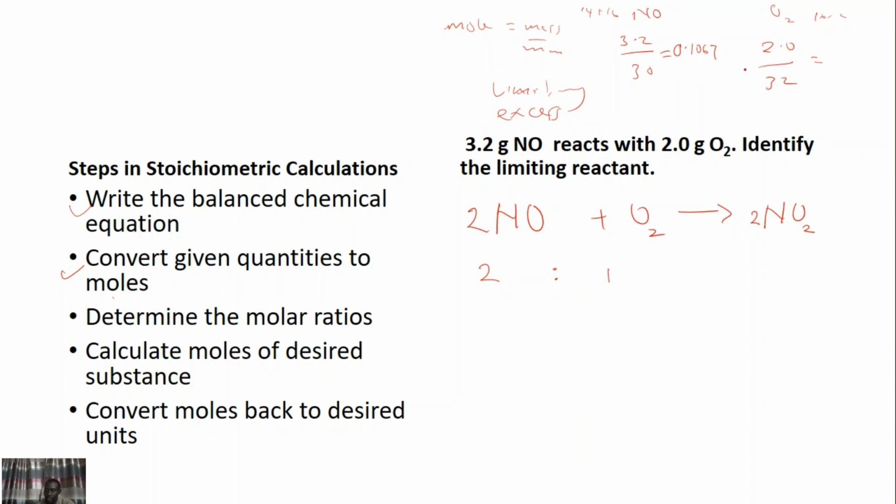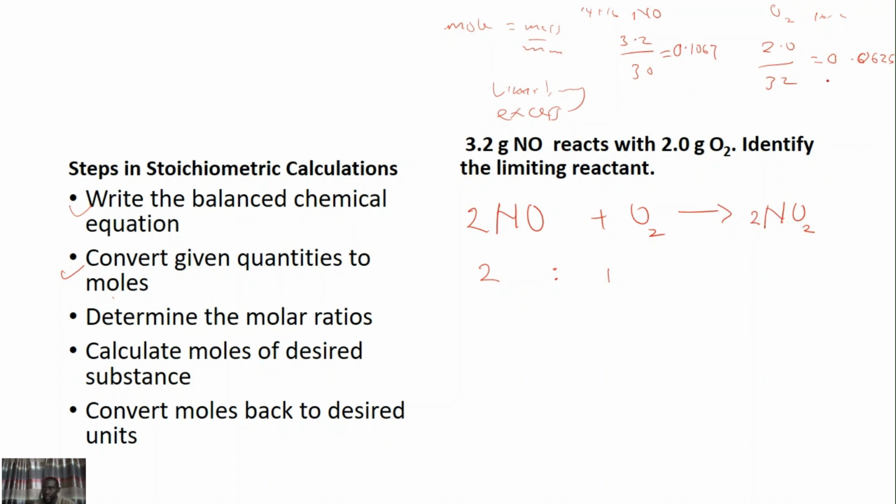And here, 2 divided by 32 is equals to 0.0625. You can leave it in 3 decimal places, okay? Now, having gotten this, let's look at the ratio between them.